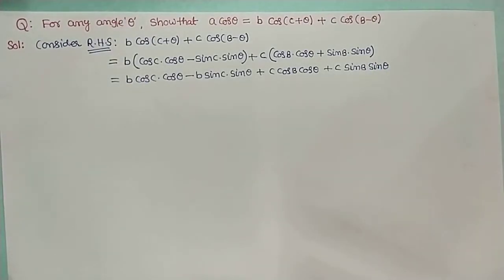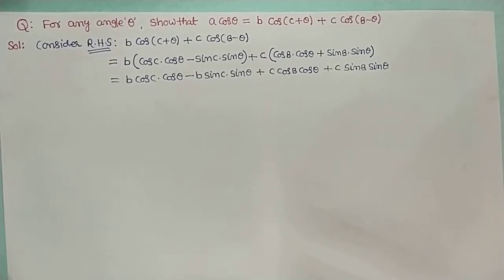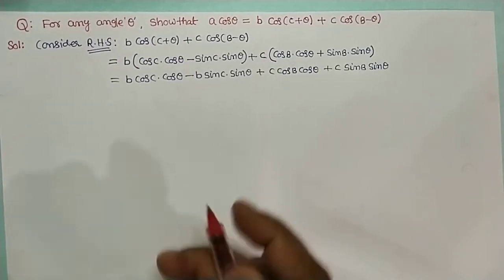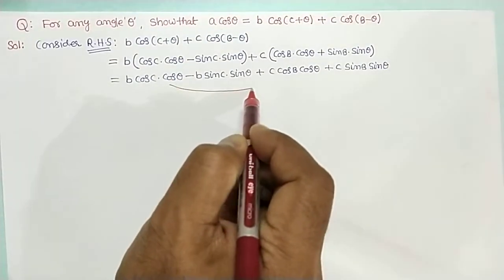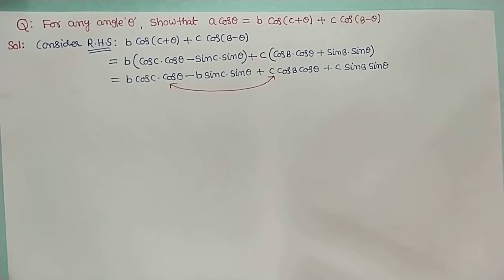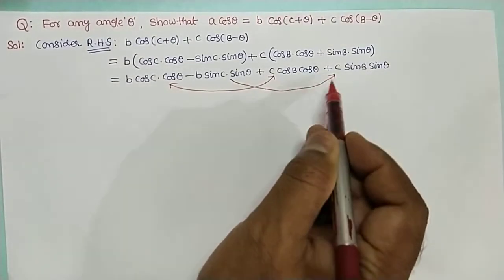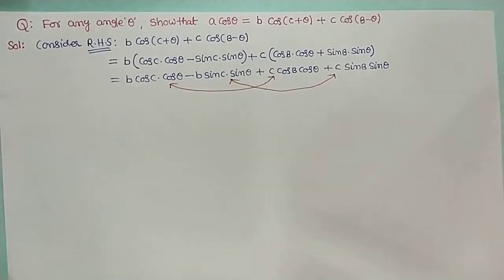After that, from first as well as third, we have to take common cos theta, and from second and fourth take common sin theta. This is the only turning step for this problem. Observe carefully.